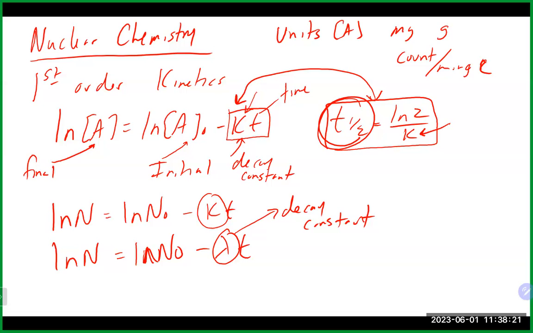The other thing that we talked about last time as well was the idea of binding energy. And binding energy is really the energy that's released in the process of fission.